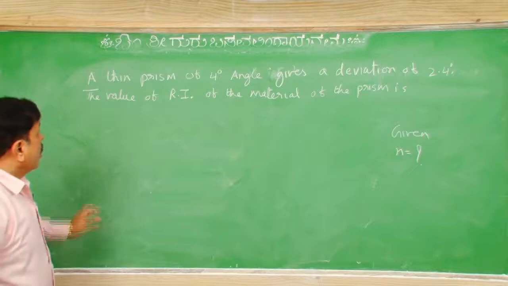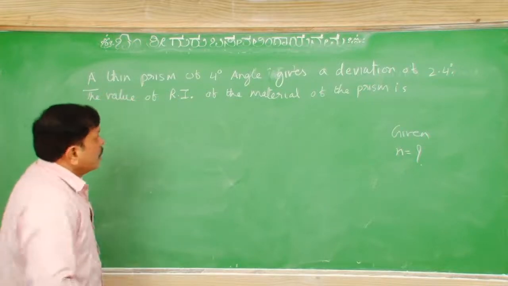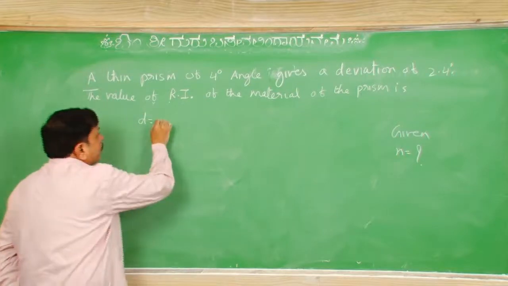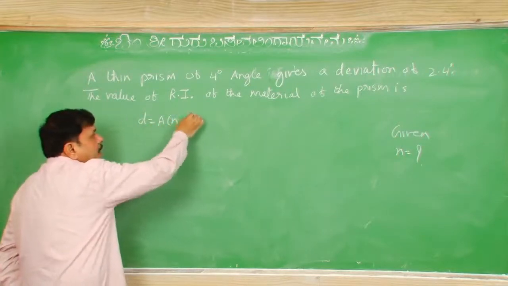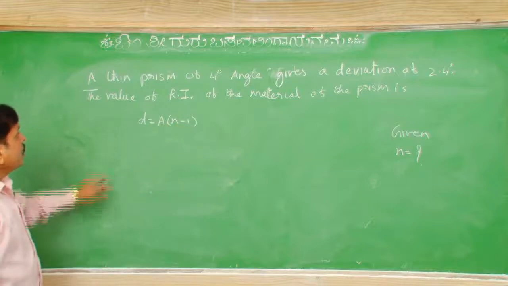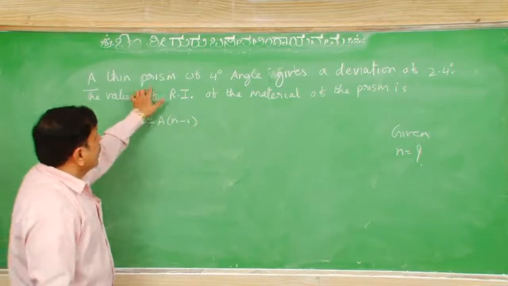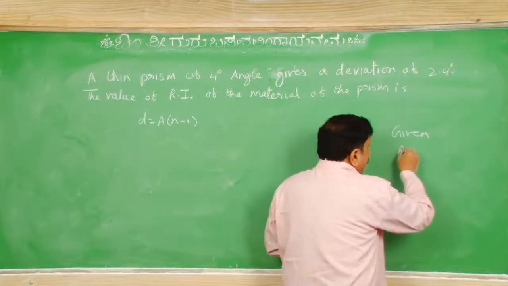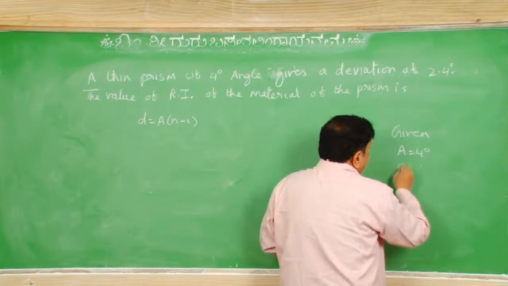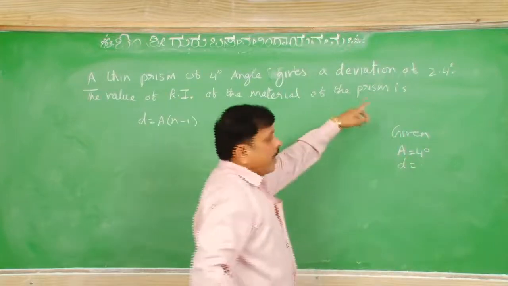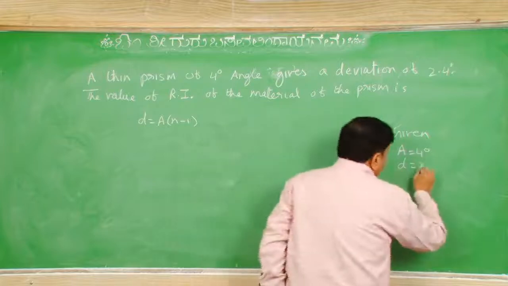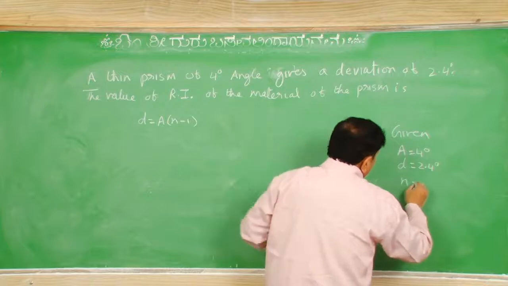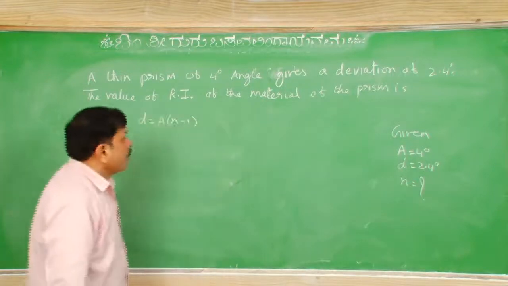Well, now it is a thin prism, and we know that in a thin prism D is given by A times (N minus 1). The angle of the prism is 4 degree, so A equal to 4 degree. Deviation produced is 2.4 degree. We are asked to find the refractive index, N equal to how much?